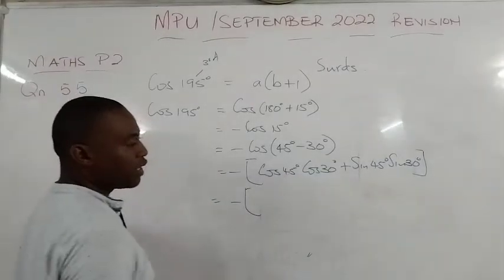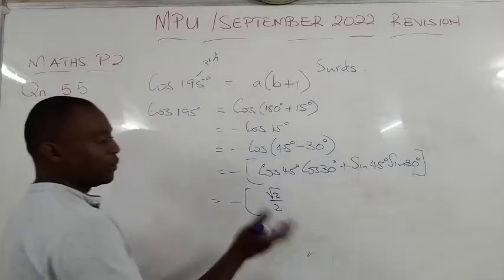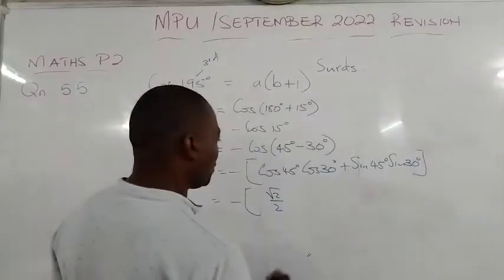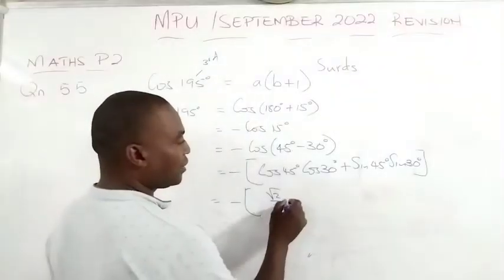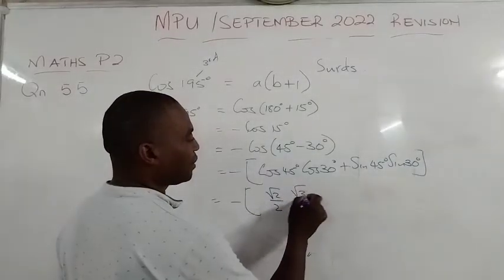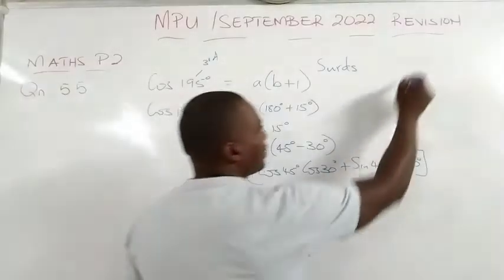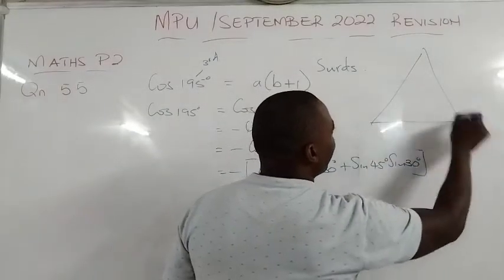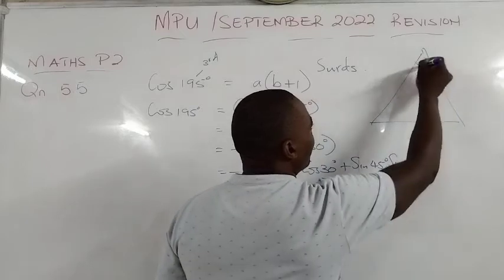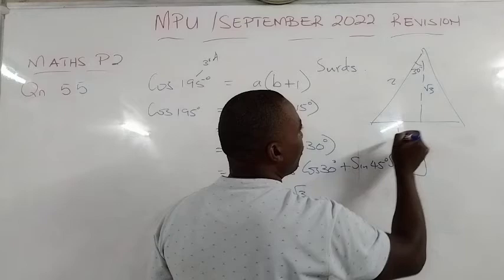Now, cos 45 degrees is root 2 over 2, or you can use 1 over root 2. Be flexible. Cos 30 degrees, that is root 3 over 2. Always remember your triangle 30 degrees to root 3, 1.